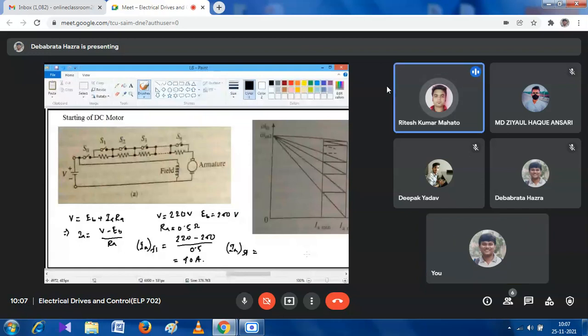Sir, your voice is breaking. So the full load current should be 40 ampere. Am I audible now?